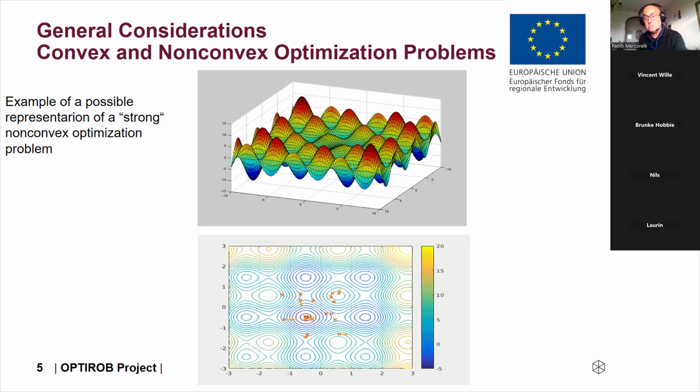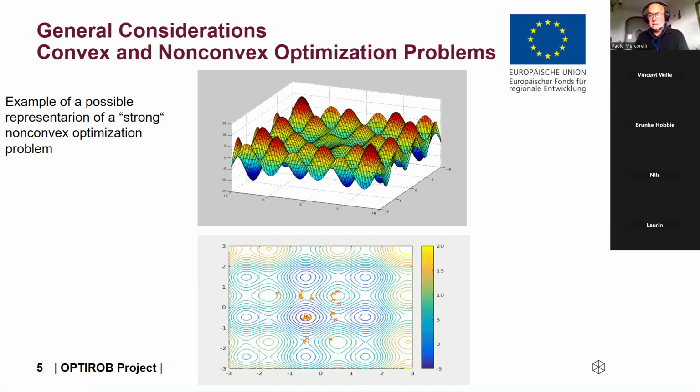We have a possible cost function to be minimized, for instance, as a function of two variables. If you think about the example, translational velocity, rotational velocity, we have x and y. In x we have the translational, and in y the rotational velocity, of course.